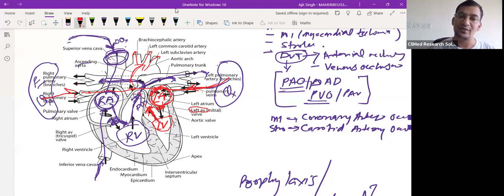Tell me, to where are the subclavian arteries carrying the blood? The answer, left subclavian artery. Yes, anyone? Subclavian arteries, tell me.